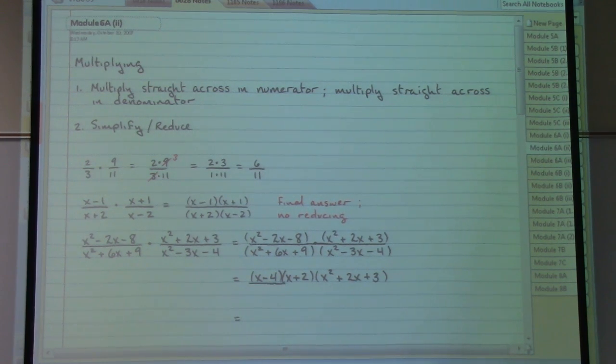Down in the denominator, we have our first expression, x squared plus 6x plus 9. There is no greatest common factor. There are 3 terms, so we use the AC method again, and we have x plus 3 times another factor of x plus 3.